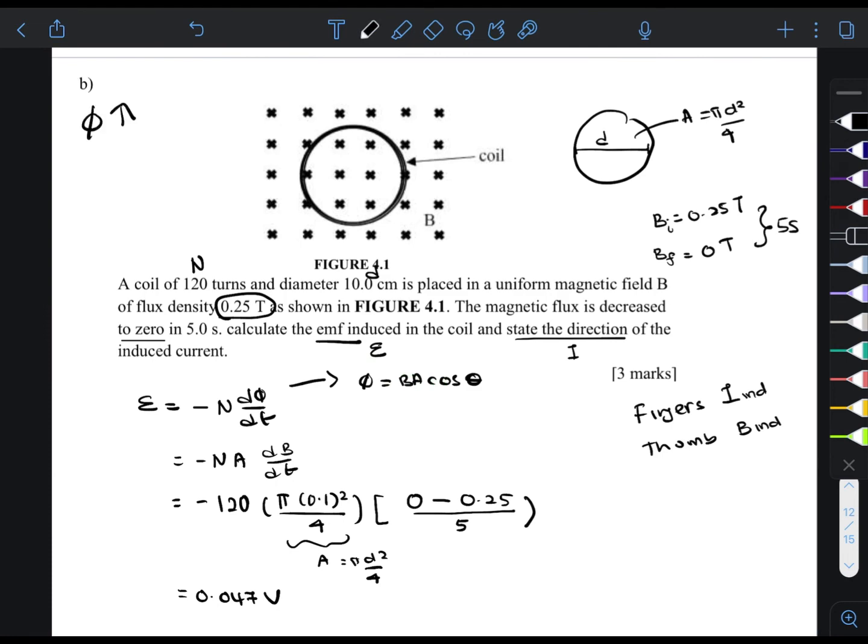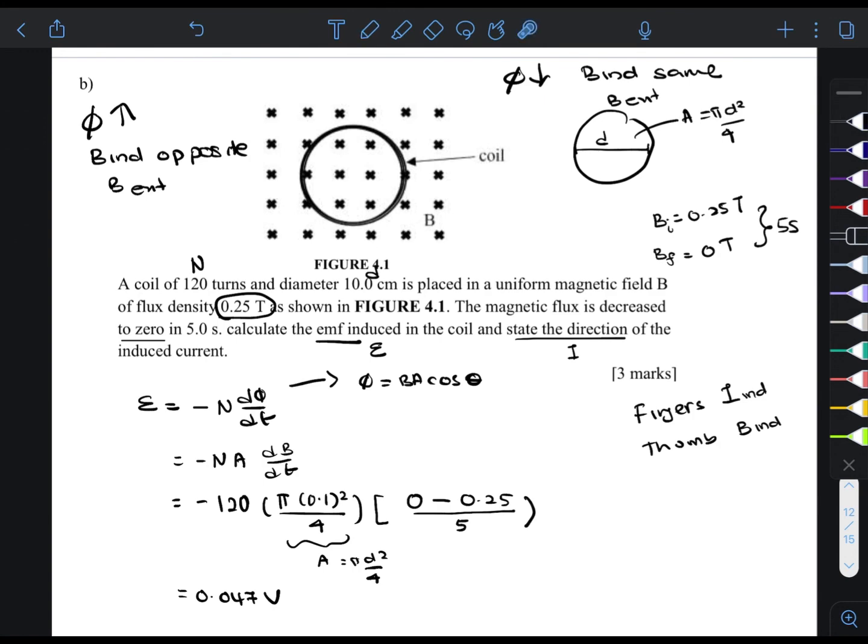If the flux increases, we induce B opposite to the original B in the question, which we call B external. If the flux decreases, we induce B in the same direction as B external.